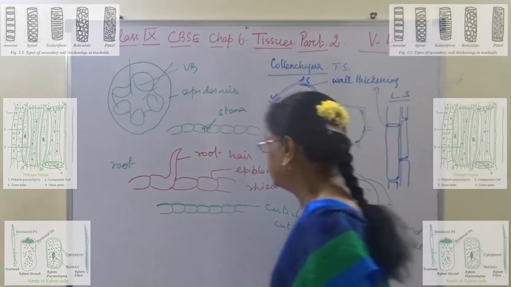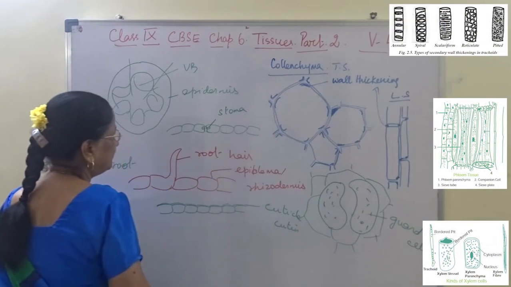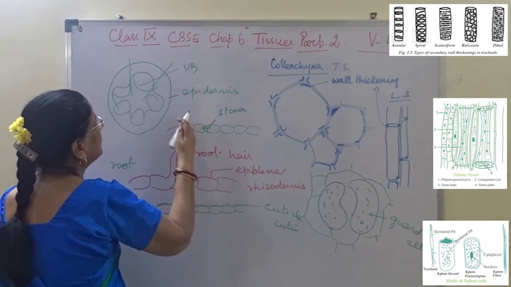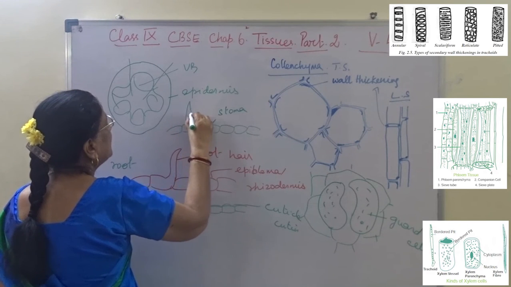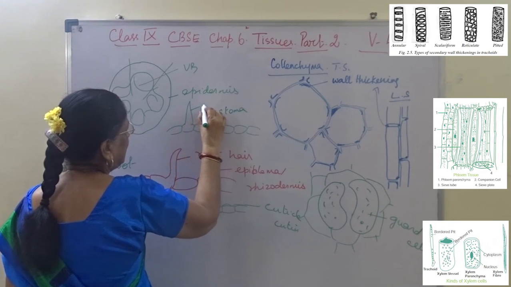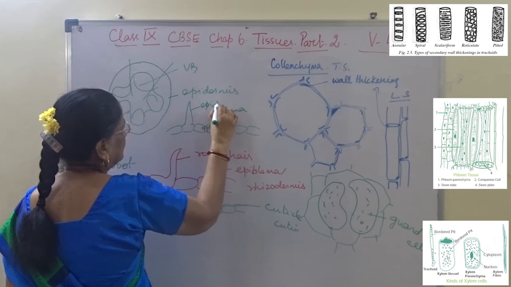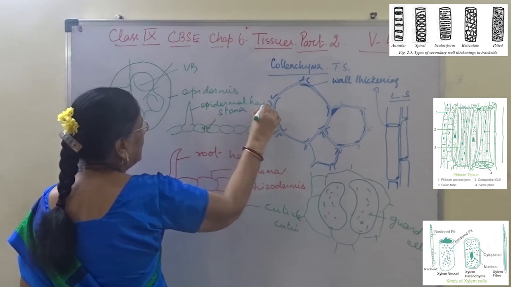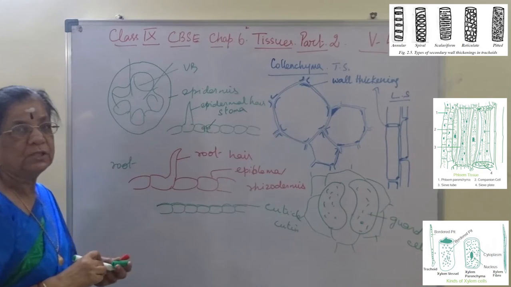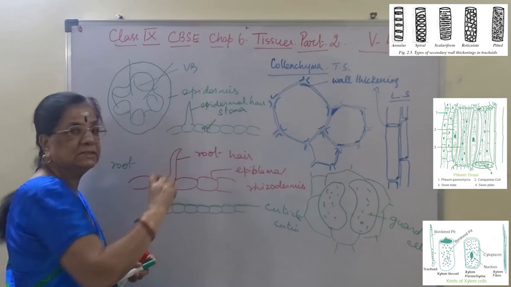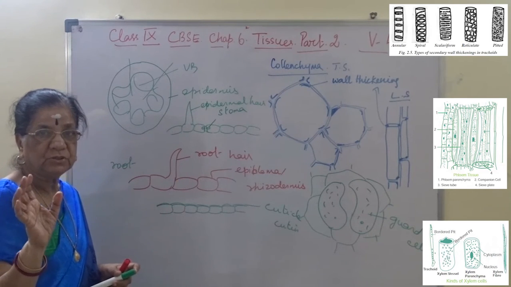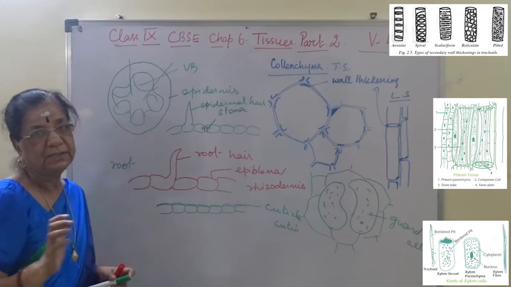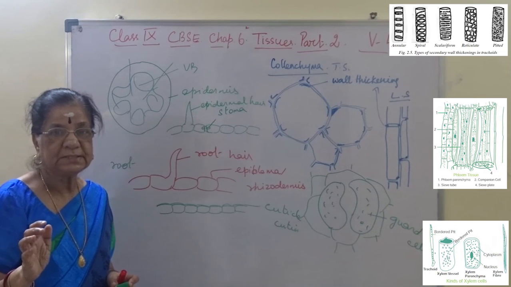And at the same time, the epidermis in the stem will also have epidermal hair. Like we say root hair, here we can say shoot hair, but we should say it as epidermal hair. I hope you understand.